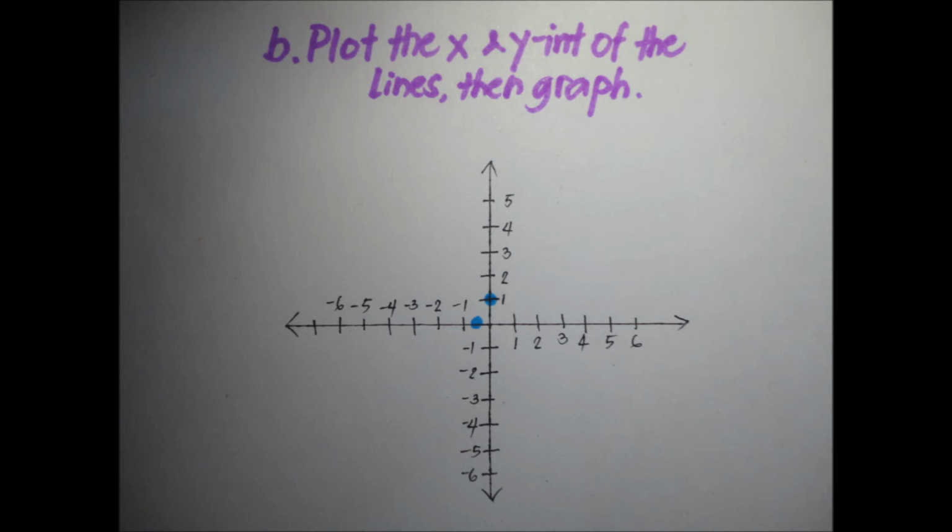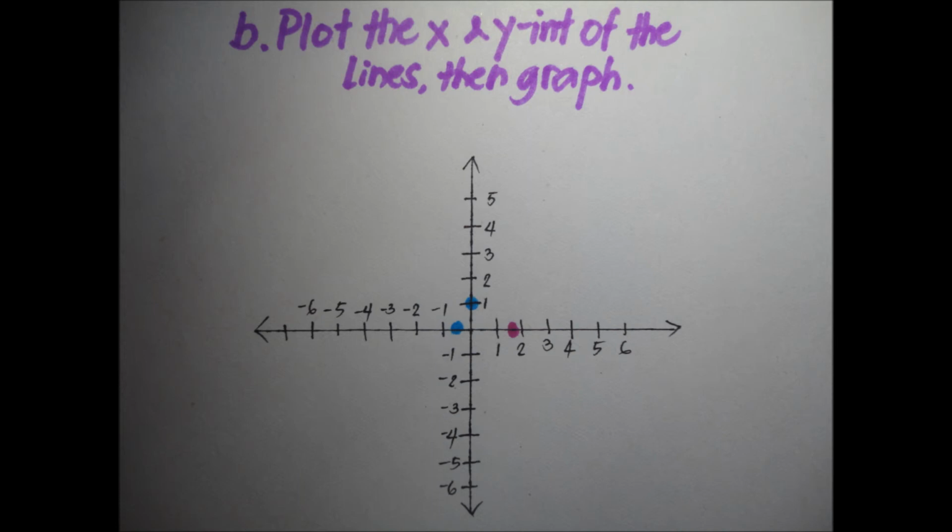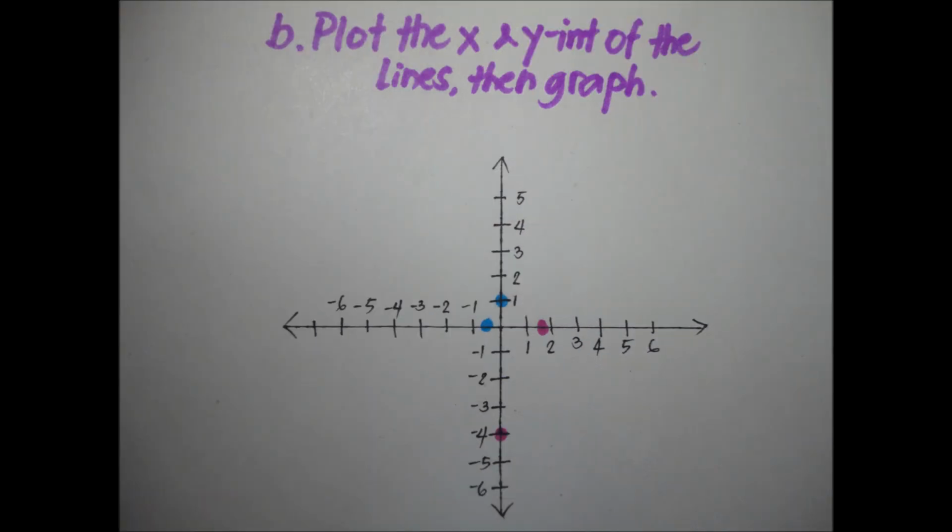So we plot that on the y-axis. After plotting the x and y-intercept of the first line, we plot the second line's x-intercept, which is 4/3. After plotting the x-intercept, we move on to the y-intercept, which is -4, and we place that on the y-axis.